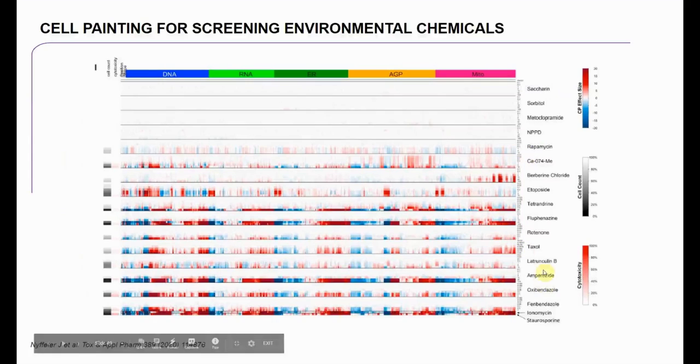These are classic toxic compounds, and the responses that they give, it's hard to see here, but this is actually in increasing dose from here to here for each of the compounds. And then these are all the 1300 features for the cell painting assay. And then here are some responses in cell count and cytotoxicity. And then all the features are grouped here according to DNA, RNA, the 5 different channels.